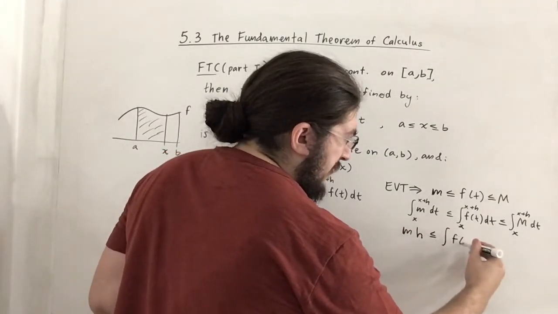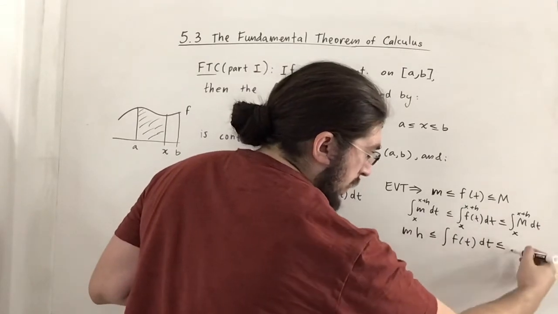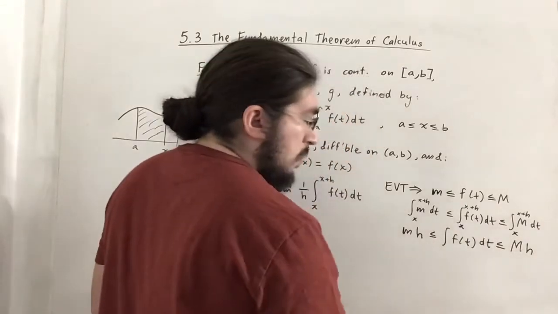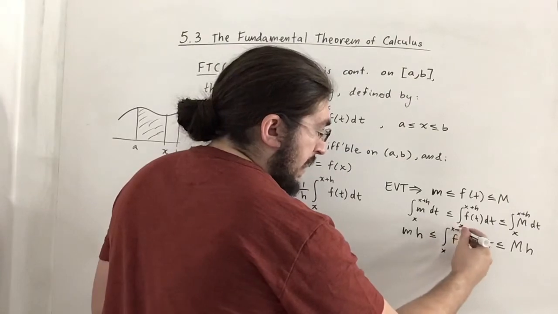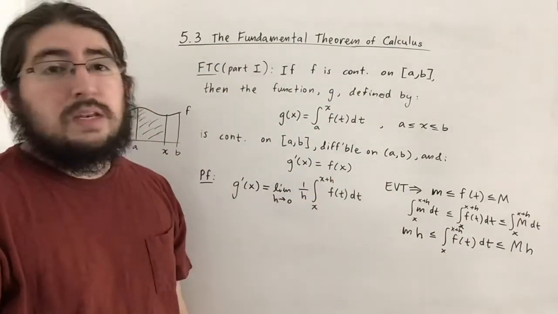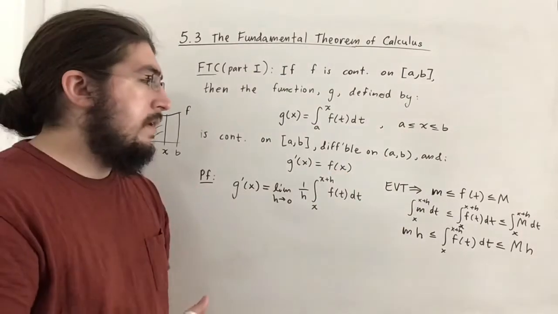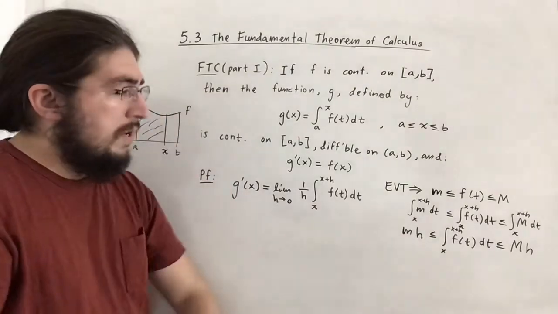Similarly, on the other side, we get capital M times h as well. And again, that's just because the integral of a constant is a constant times the difference of the limits. Basically because it's going to be a rectangular area. But again, we saw that in 5.2.